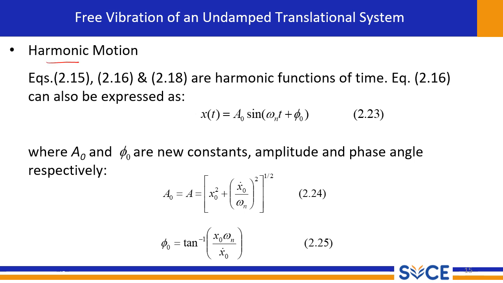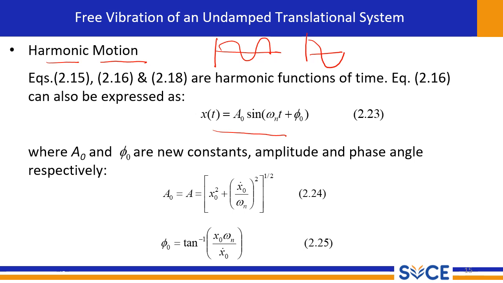As the statement indicates, the equations in the previous slides all represent harmonic motion. This means the motion is oscillatory, which can be represented by either a sine wave or a cosine wave.